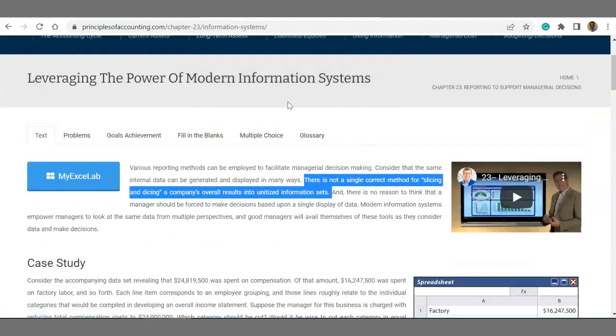how sophisticated your information system is, your computer system, and how the data will be collected and used in a company. Some companies have very good sophisticated data collection. Some companies don't.